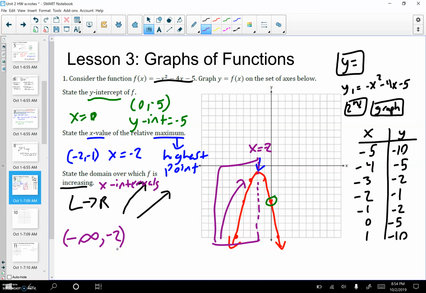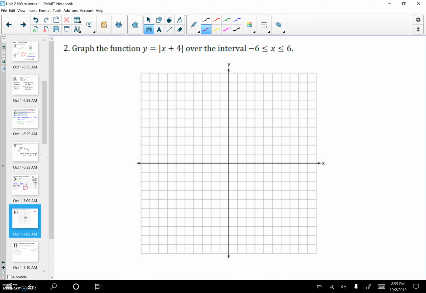And we're going to put another parenthesis around that piece. So it starts increasing when x is -infinity, which I know is not a number, it's a representation. And it's going to keep increasing all the way until x is -2, and then the graph will change from increasing to decreasing.